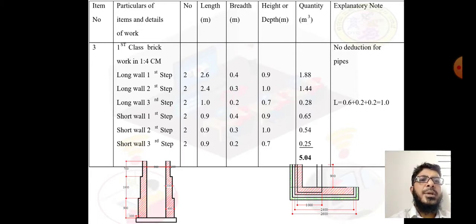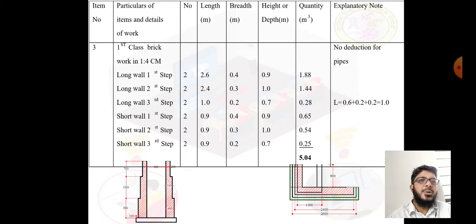Now we will calculate the quantities using the long wall and short wall methods. First we will consider the long walls, starting with the long wall of the first step. Two numbers are there; in the section also you can see two numbers, with length 2.6 meter, breadth 0.4 meter at the bottom, and height 0.9 meter.